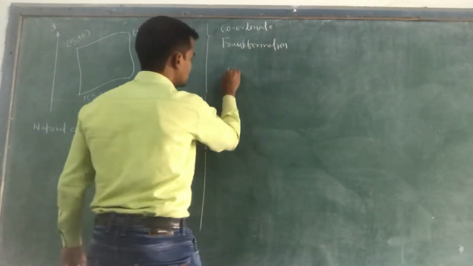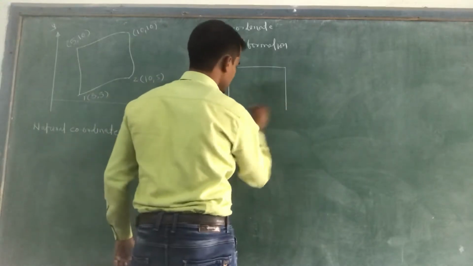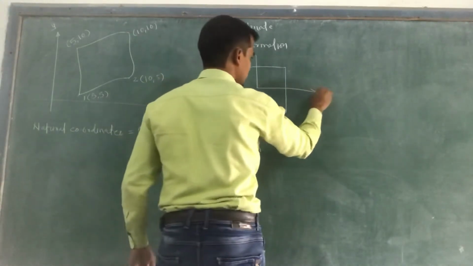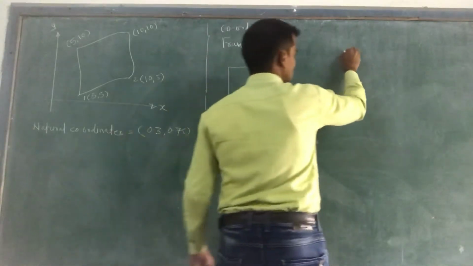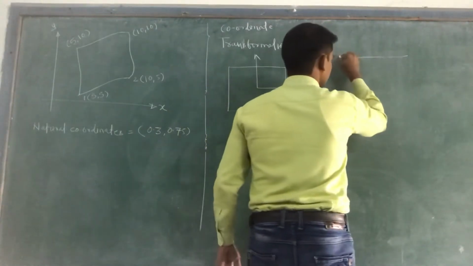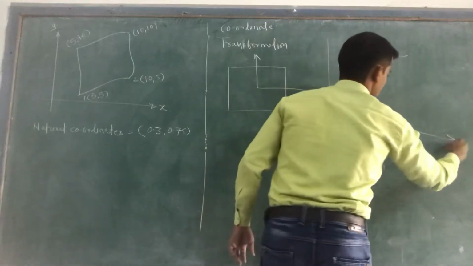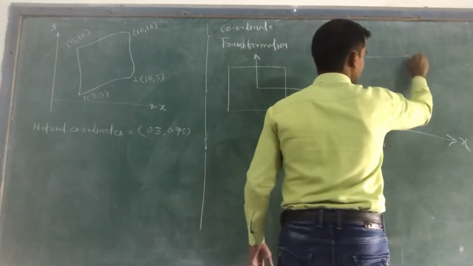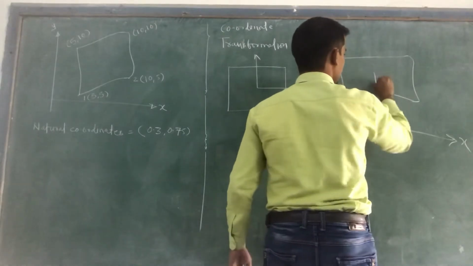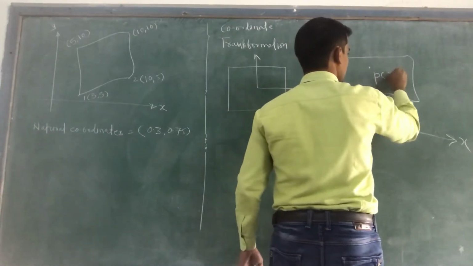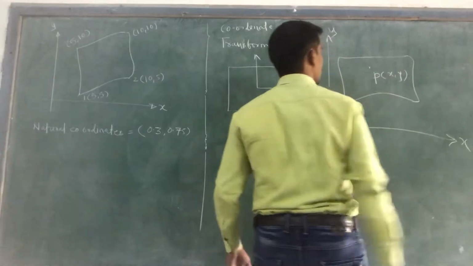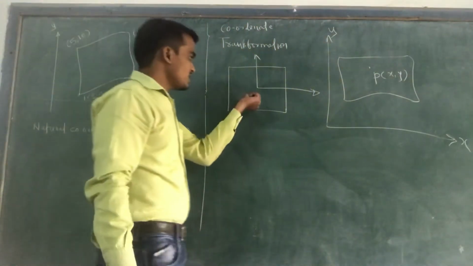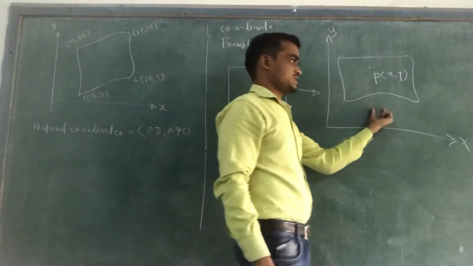We need to transform our natural coordinates for the rectangular element to get the xy coordinates for our quadrilateral element. Let us say this is point P with global coordinates x and y. We need to transform our natural system to the global system.